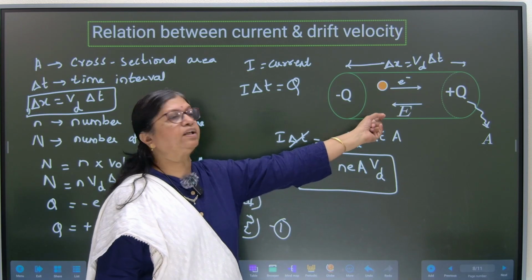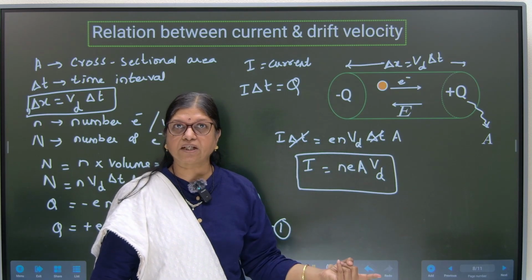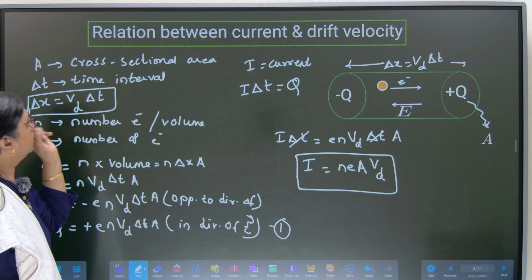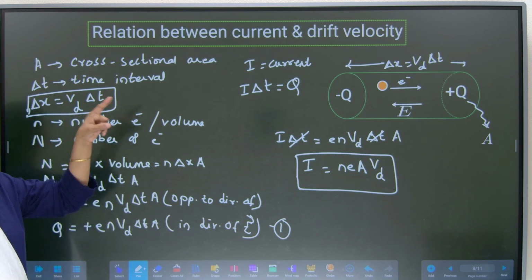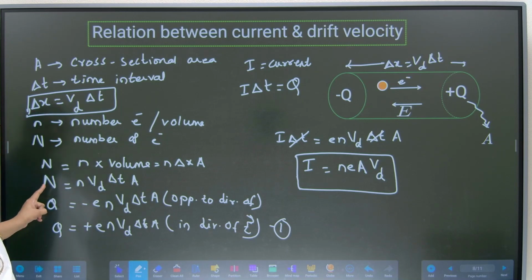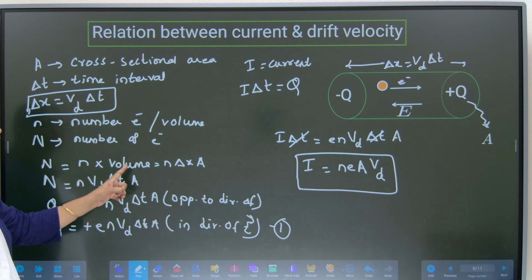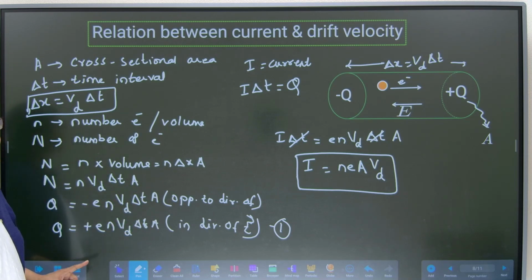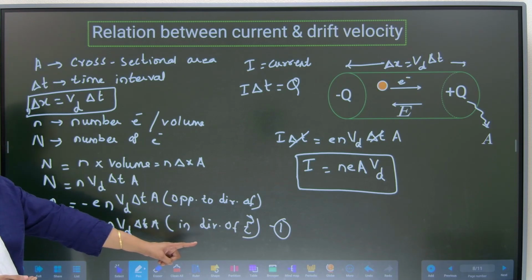Fine. We gave an electric field to the conductor, so the electrons drifted. Therefore, they drifted a distance of delta x given by Vd delta t. n is the number of electrons per unit volume. Therefore, the number of electrons is n Vd delta t A, such that the charge which is moving in the direction of the electric field is given by equation 1.